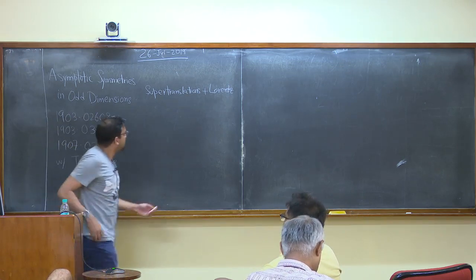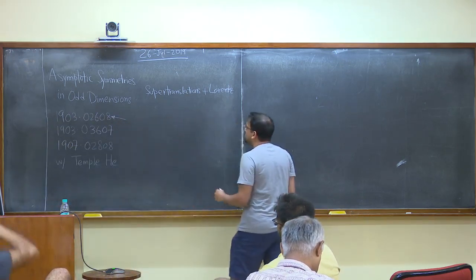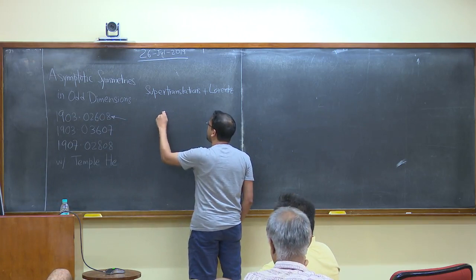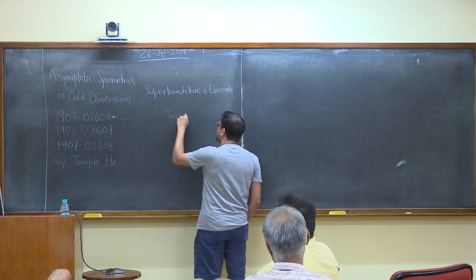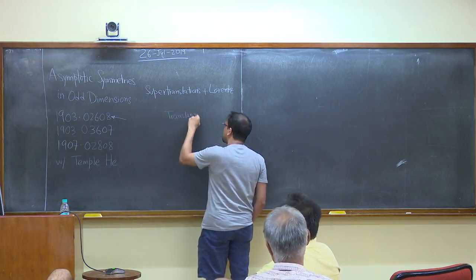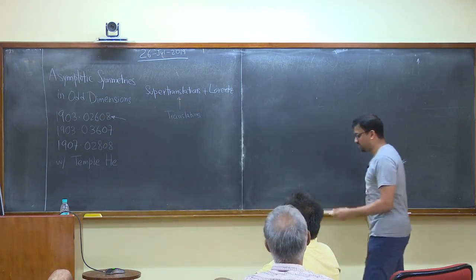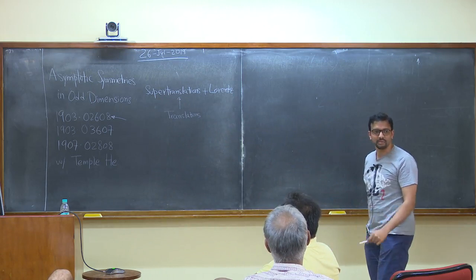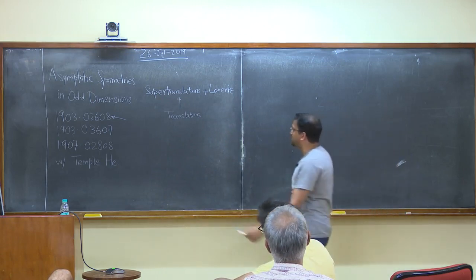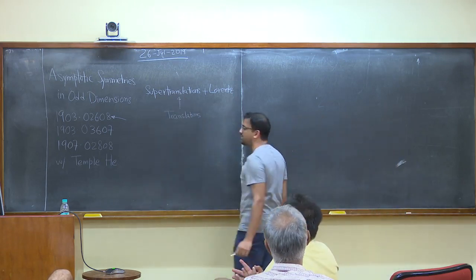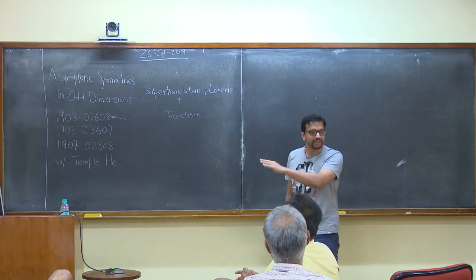Okay. So I was explaining what this is. This is just an infinite dimensional generalization of translations. So a translation, as we know, is just you translate in some direction. And a supertranslation, it has nothing to do with supersymmetry. A supertranslation is an angle-dependent translation.